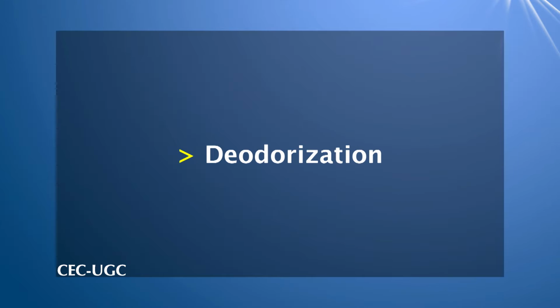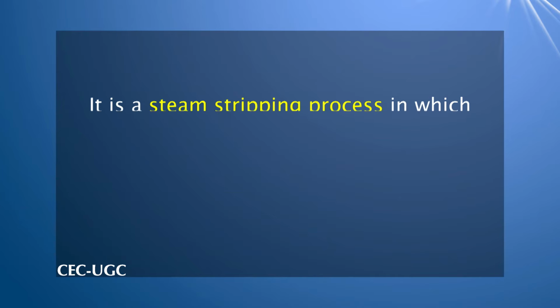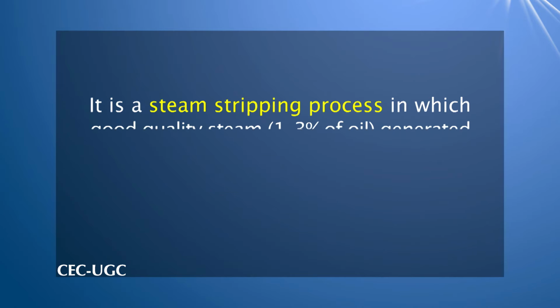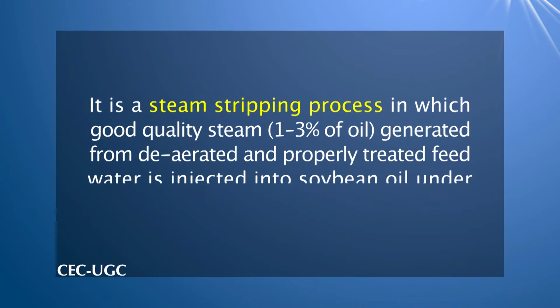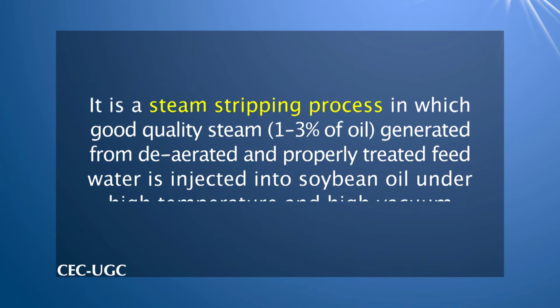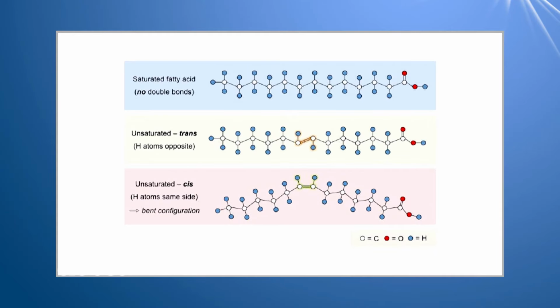Deodorization. It is usually the last step in conventional oil processing. It is a steam stripping process in which good quality steam, 1 to 3% of oil, generated from deaerated and properly treated feed water is injected into soybean oil under high temperature and high vacuum to decompose peroxides and vaporize the free fatty acids and odorous compounds.